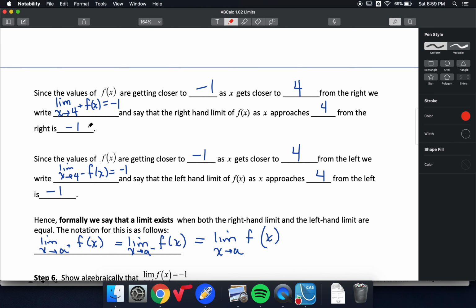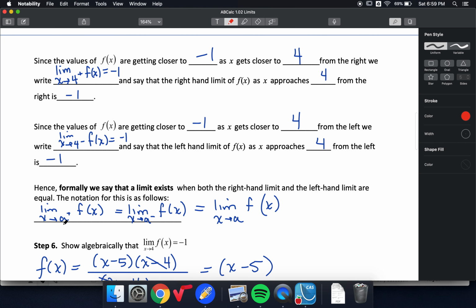So that limit was -1. On the other side, when I'm approaching from the negative side, I could also say it's -1. And since the right-hand limit equals the left-hand limit, I say the limit exists and the limit is -1.